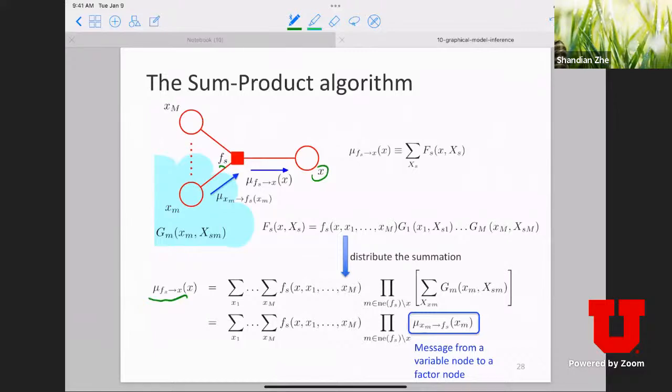You calculate the message sent from neighboring variable xm to f of s, then multiply them together, then multiply with the factor f of s itself, then do the marginalization. If you have some time after class, please compare this to the chain graphical model. You will see that this is just a special instance, the chain graphical model.